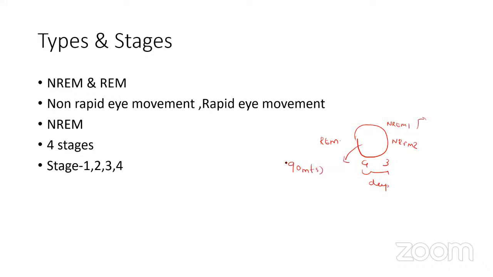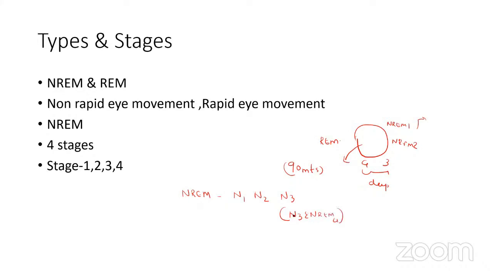There is a newer classification. NREM is classified into N1, N2, and N3, where N3 includes both NREM 3 and NREM 4.